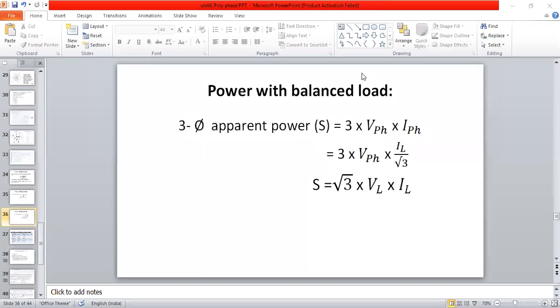In a star connection, IL equal to what? Tell me the formula for line current. Roll number 2.